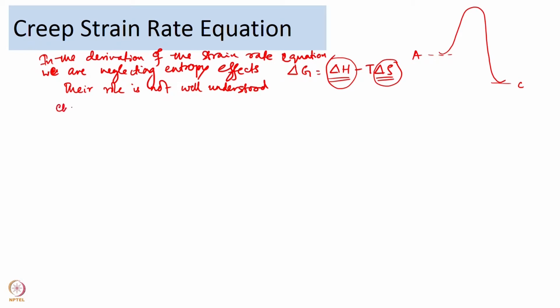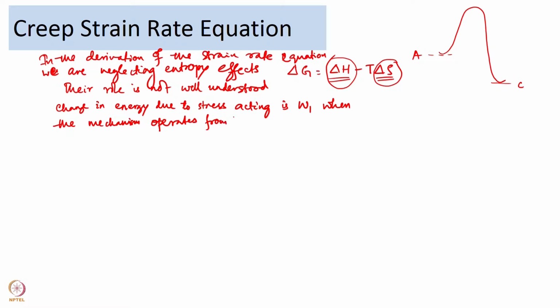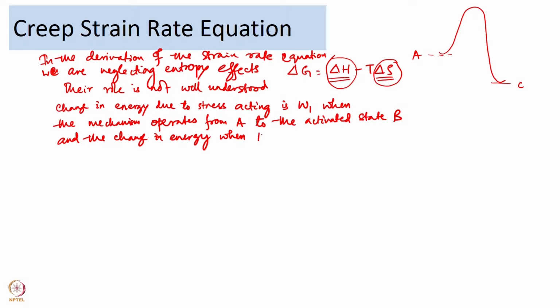So, the change in energy is W1 when the mechanism operates from A to the activated state B, and the change in energy when the dislocation mechanism operates from C to B is W2.